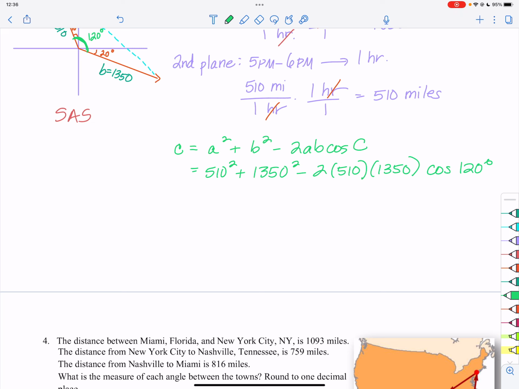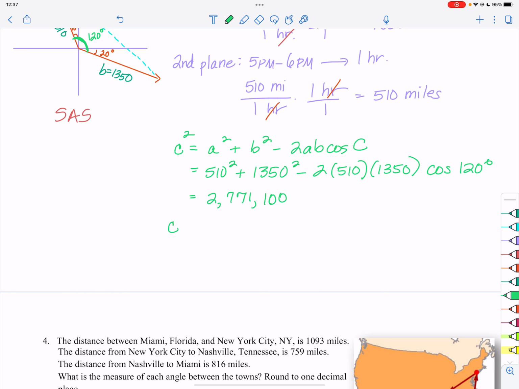And if you put all of that in your calculator, C squared is going to be equal to 2,771,100.